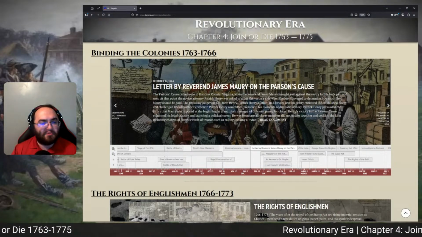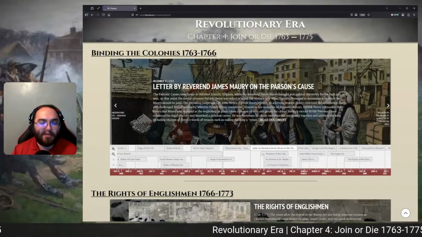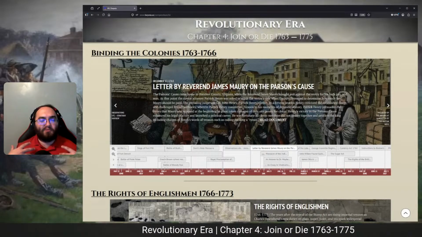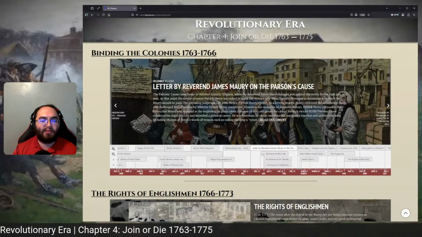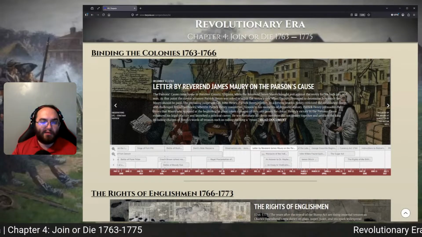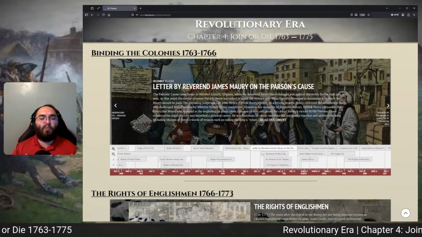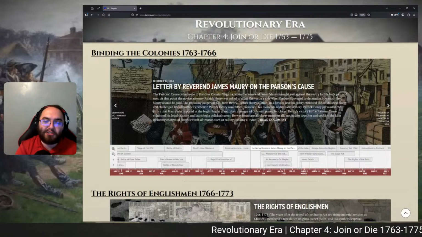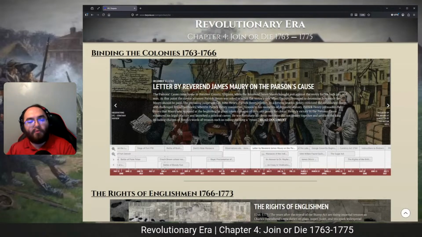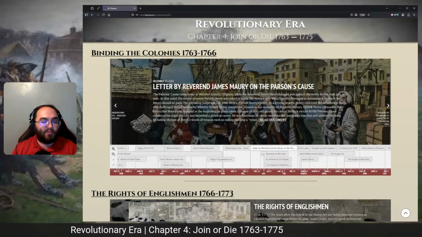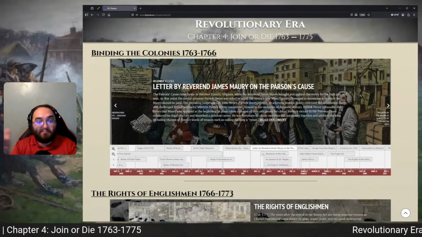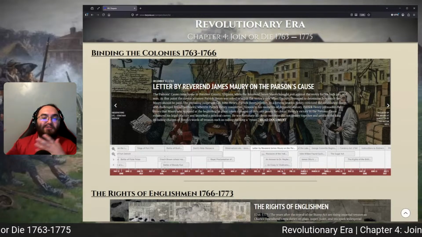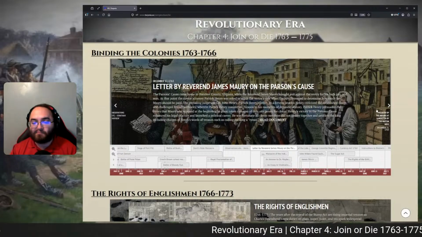I'll have to do more research as to why not. But as you can see, this religious issue regarding the Church of England and its authority within the colonies will morph from a religious issue into a more political issue. And Patrick Henry is one of the first people to bring it from a religious issue to a political issue.